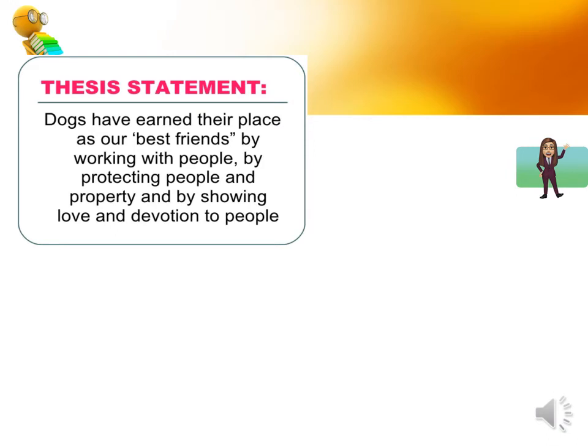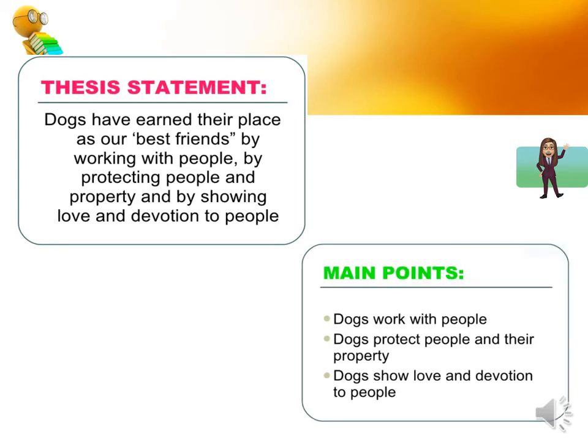So your thesis statement would be, dogs have earned their place as our best friends by working with people, by protecting people and property, and by showing love and devotion to people. And now, what are your main points? Dogs work with people. Dogs protect people and their property. And dogs show love and devotion to people.